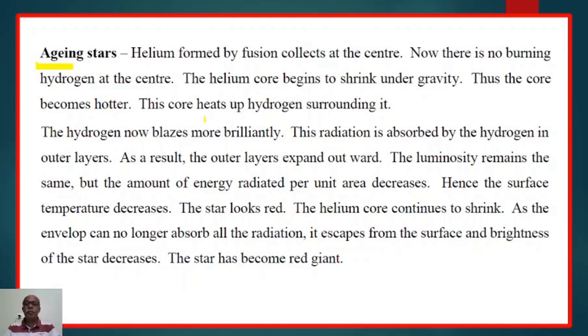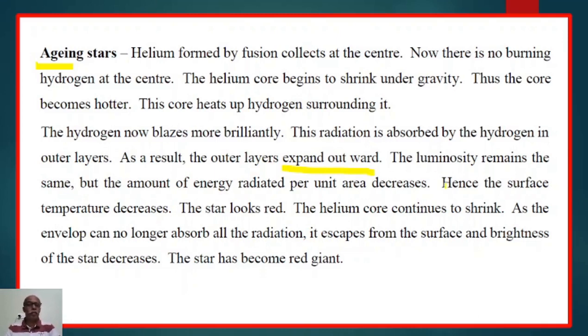The core heats up the hydrogen surrounding it, and this hydrogen blazes more brilliantly, and this radiation will be absorbed by the hydrogen in the outer layers of the star, because of which the outer layers will expand outward, and hence the size of the star increases.